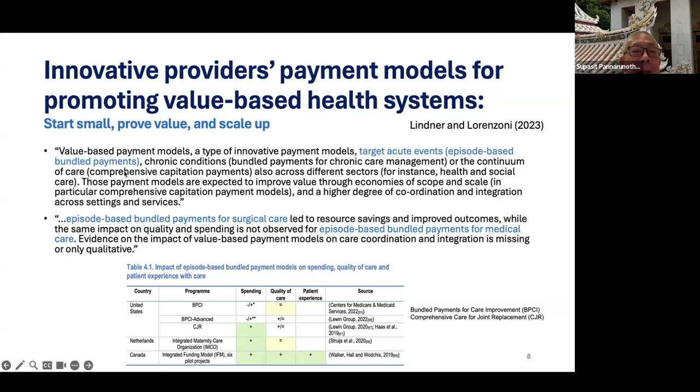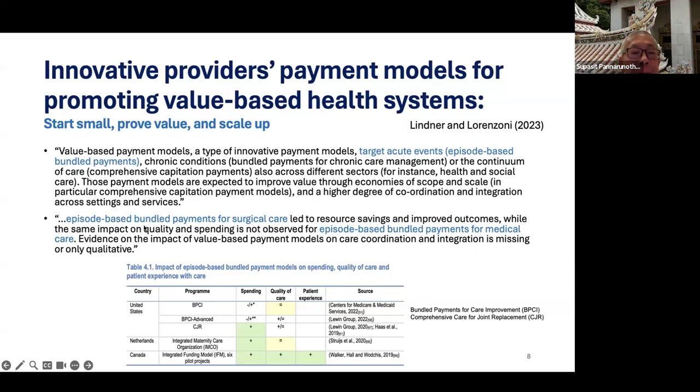So if we look at the evaluation that tries to present the impact of the episode bundle payment model on health spending, on quality of care, and on the patient experience with care, they found very little evidence.